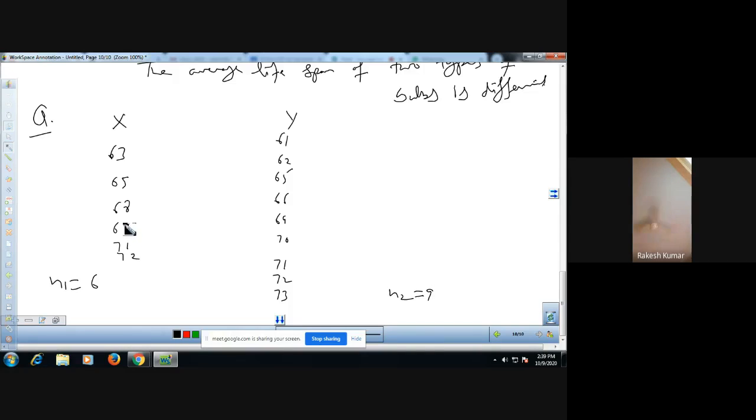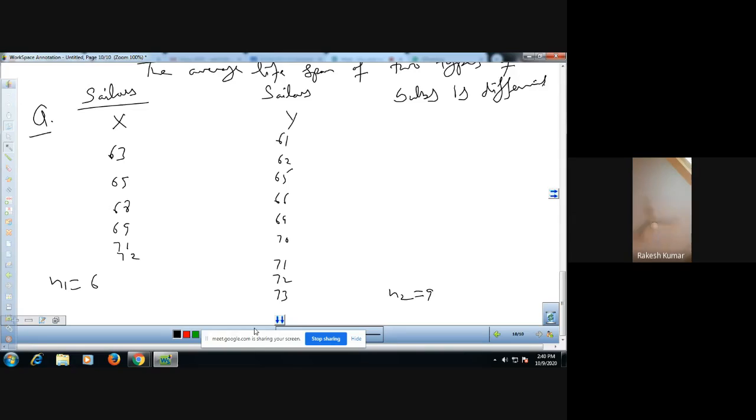And they are saying that these are the heights of 6 randomly chosen sailors. These are the two samples of sailors. A sample with size 6 is given, and a sample with size 9 is given.